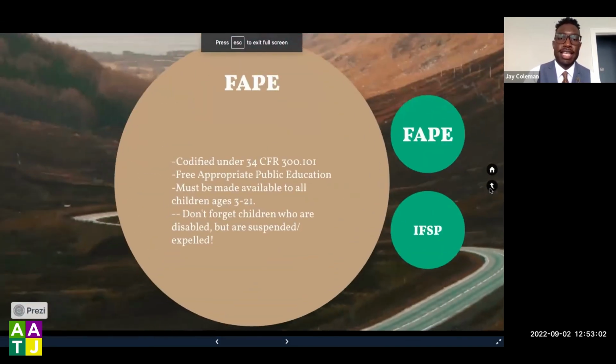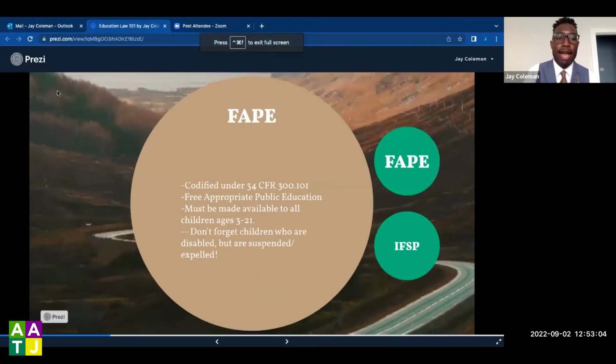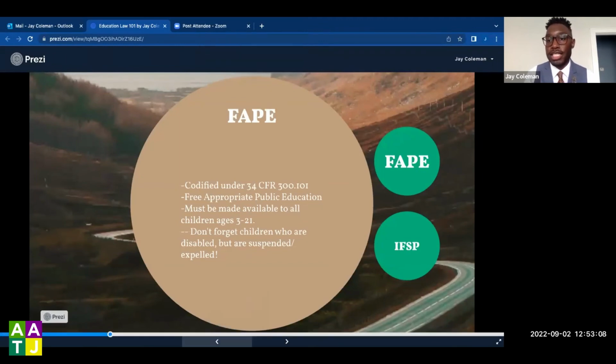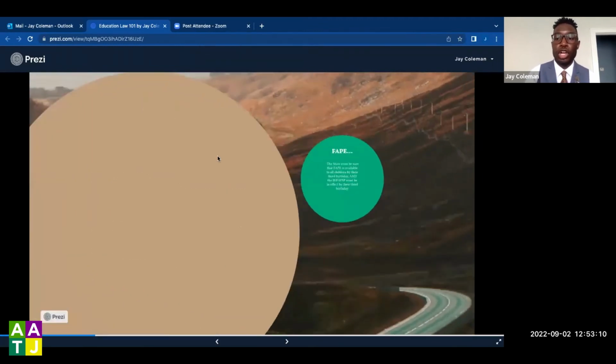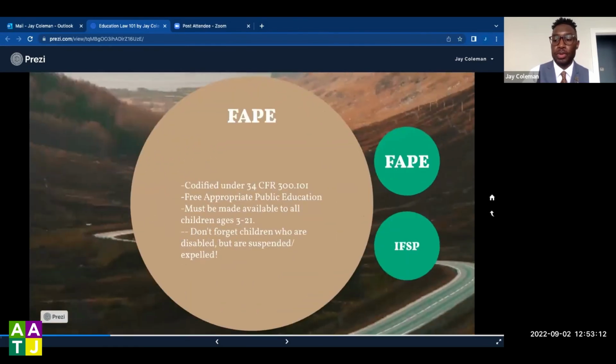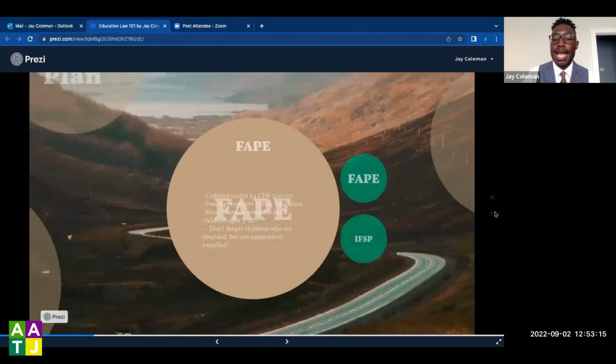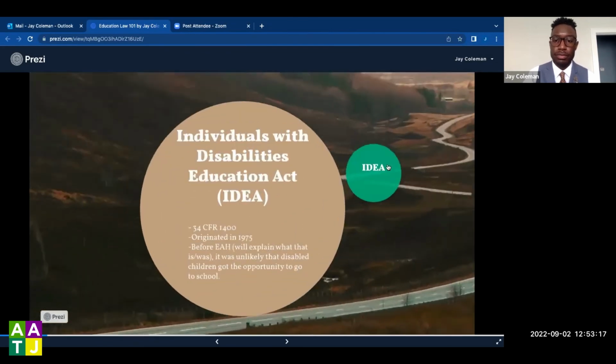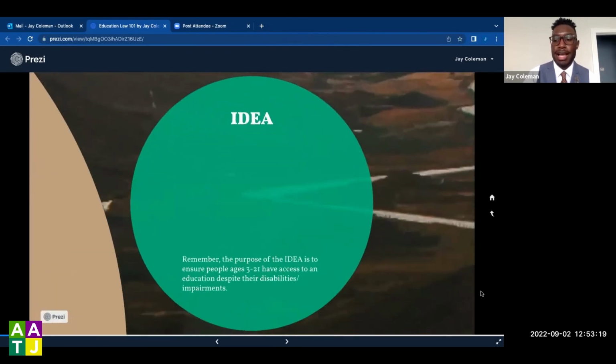What that is, is pretty much a second look at determining whether or not your child qualifies to be evaluated. You can go to the district and pretty much appeal that by requesting an IEE.